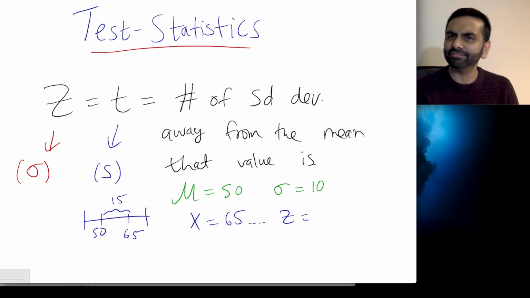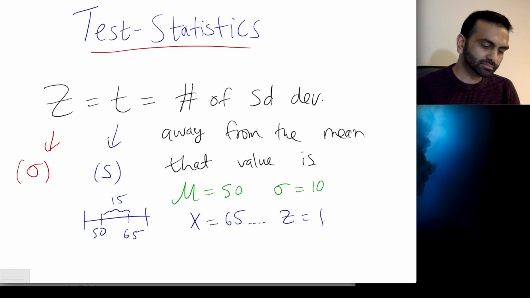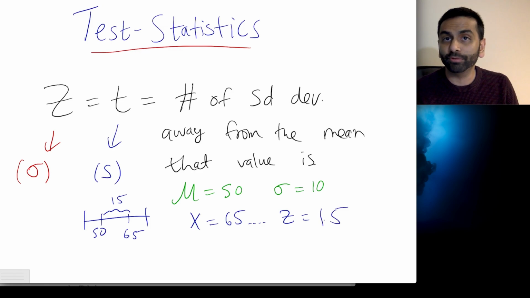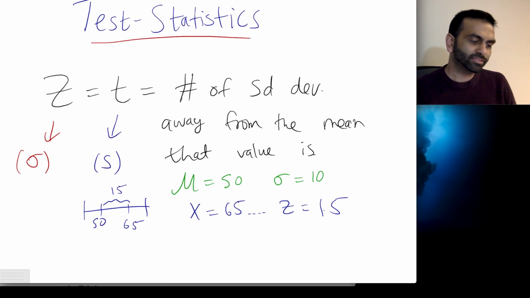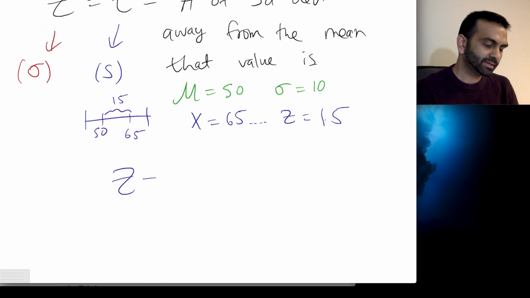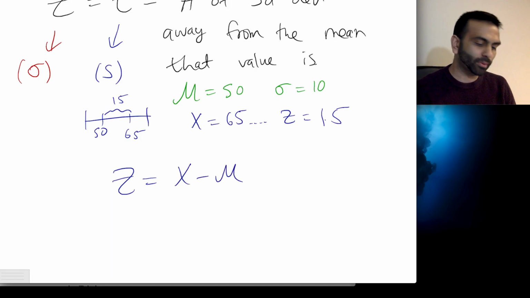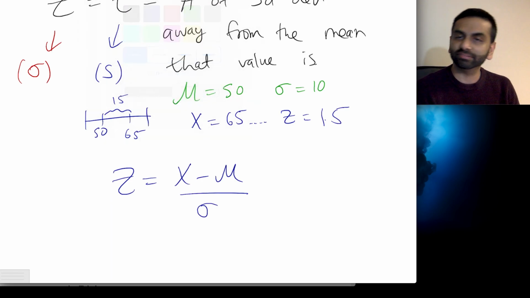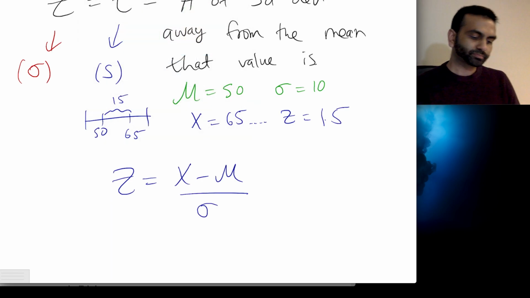Basically 1.5, so z is 1.5. So what's the formula? z is your x minus the mean, so that's how far away you are, divided by sigma. And similarly, t is divided by s.